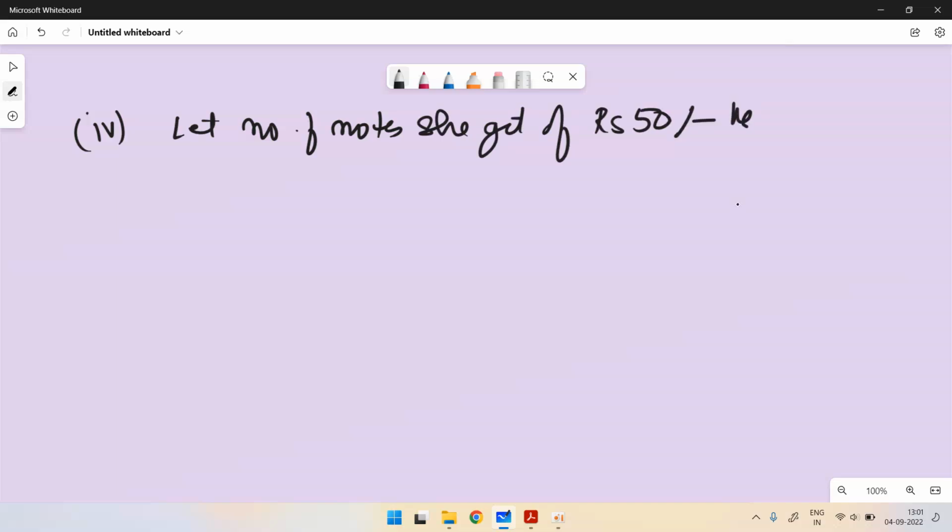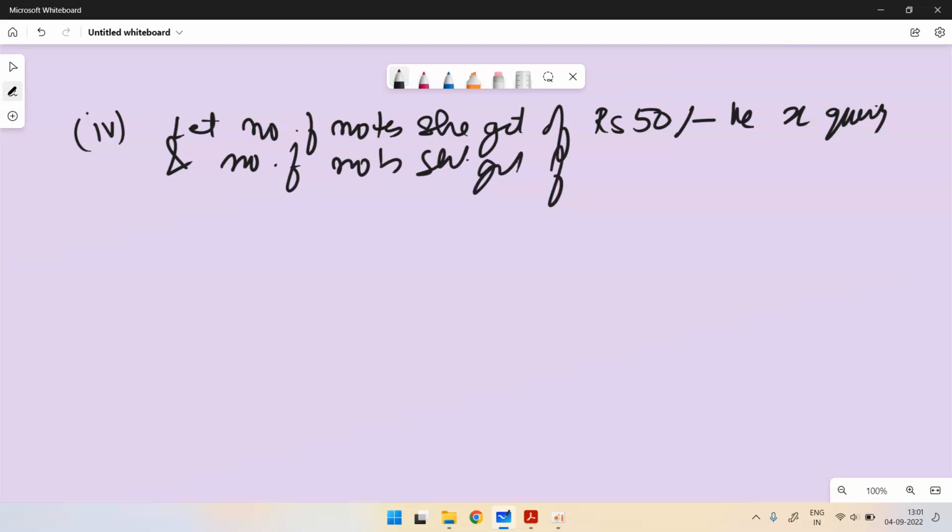Let the number of notes she got of rupees 50 be x quantity, and the number of notes she got of rupees 100 be y quantity.